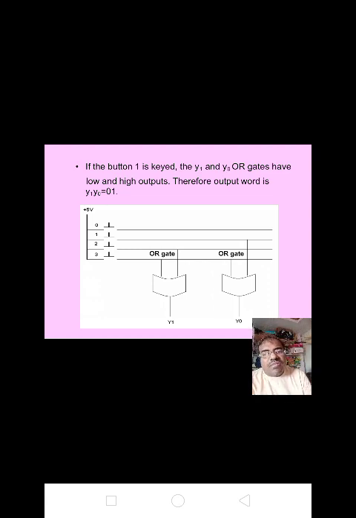Therefore, the output word is y1, y0 equal to 0, 1.